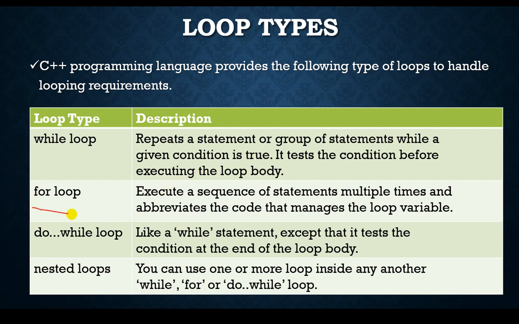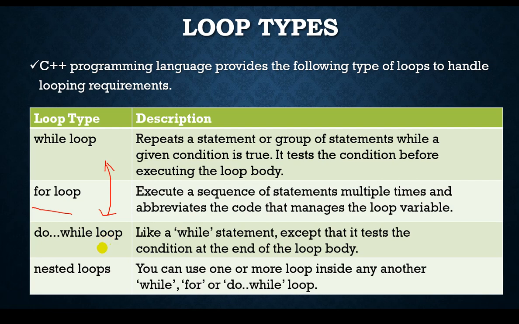Then we have the for loop. A for loop executes a sequence of statements multiple times and abbreviates the code that manages the loop variable. Then we have the do while loop. The do while loop is like the while loop, but this one will perform the statement at least once before it goes and checks the condition.